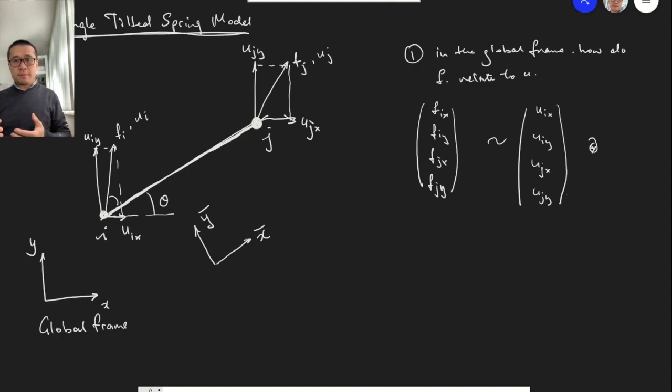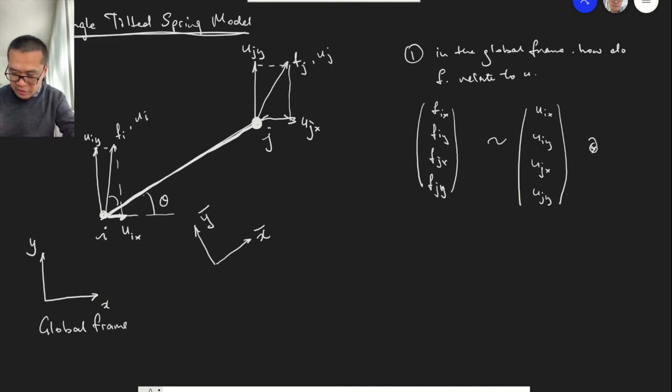But we actually don't know how to solve this. This is still complicated because we don't know the angle of these with respect to the bar direction. All we know is we can solve the problem if the force and displacement are along the bar. But we can do a similar thing to project this onto the internal frame of this bar.